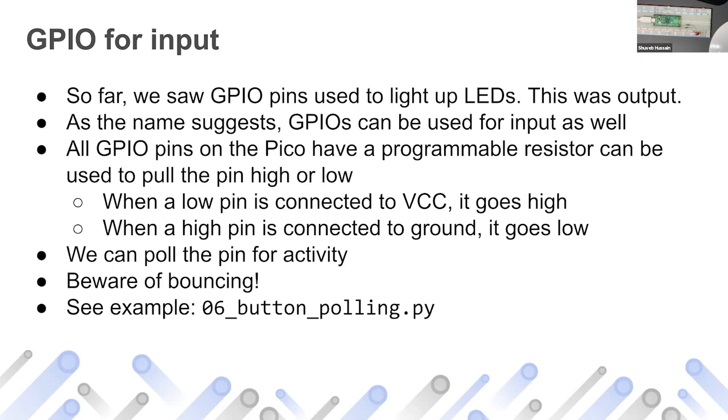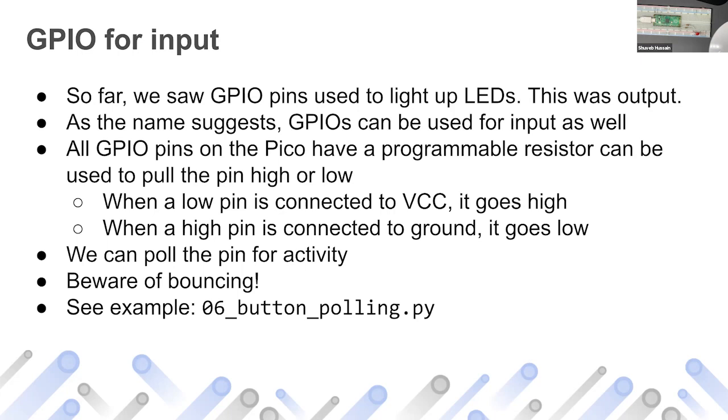What I'm doing is very simple. I take a particular pin from which I want to read the state of a push button, let's say pin number 13. I connect a push button to it, and then connect the push button to VCC, which is 3.3 volts.